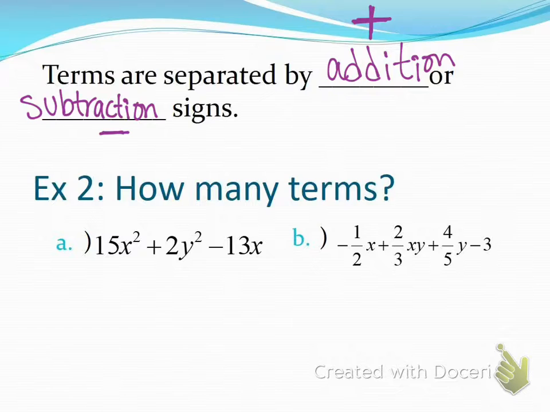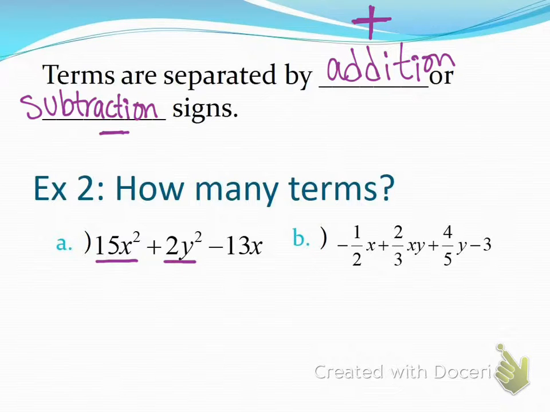How many terms do we have on letter A? I think there's more than 2. So one way I like to do this, if I'm not quite sure, is that I start underlining, but anytime I see a plus or minus sign, I don't underline it. So I start underlining, but then there's a plus sign, so I stop.